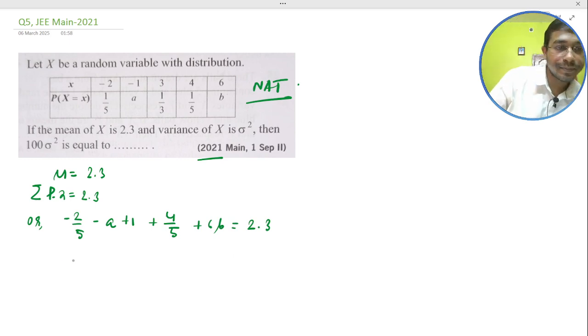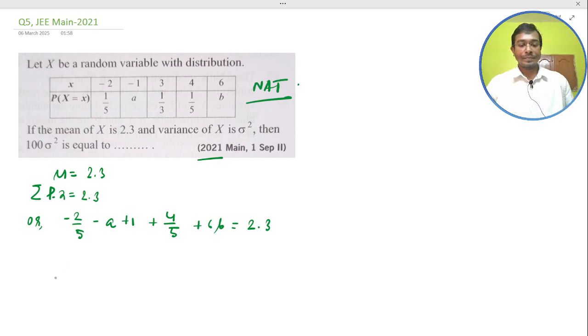So solve this. You would get 6b minus a equal to 0.9. This is equation number 1.